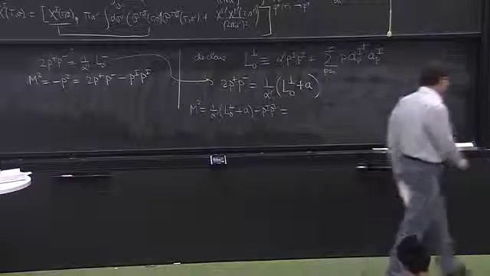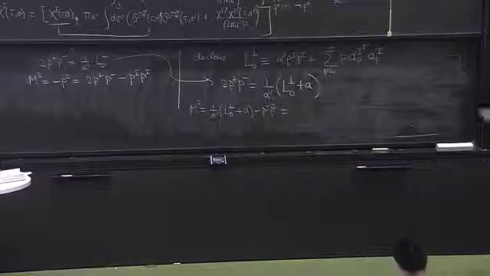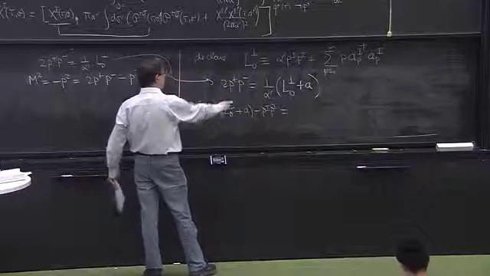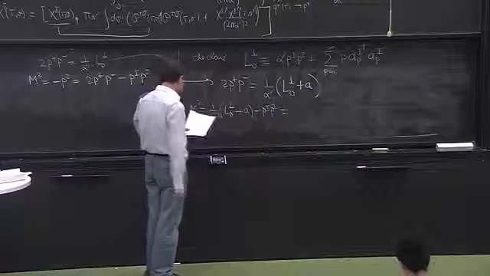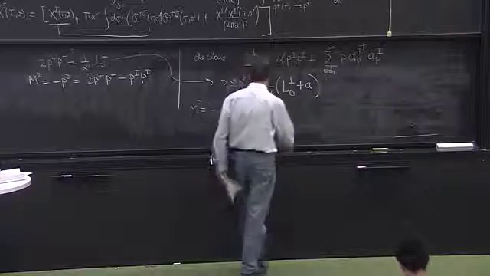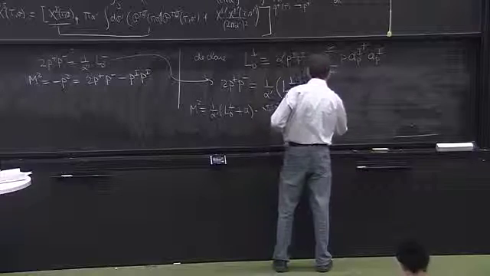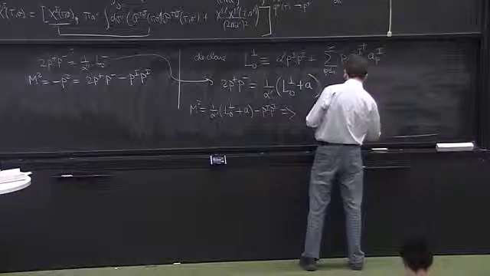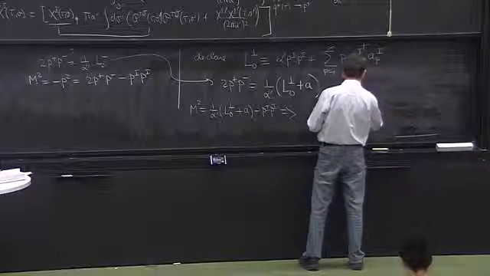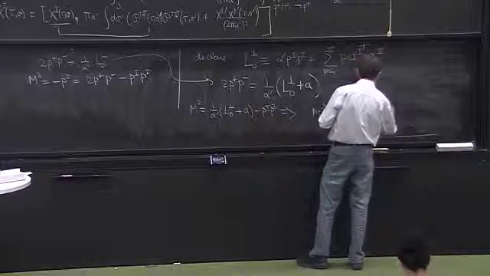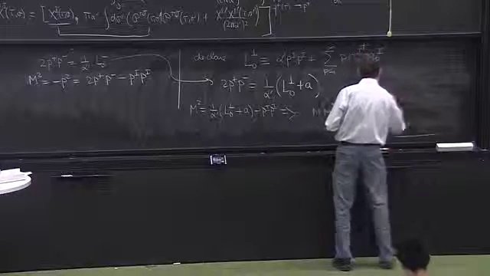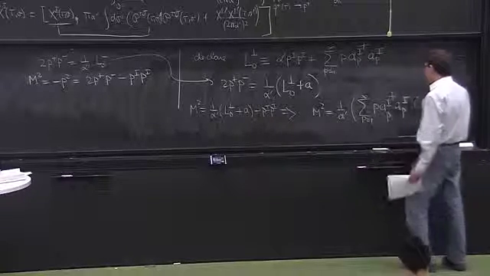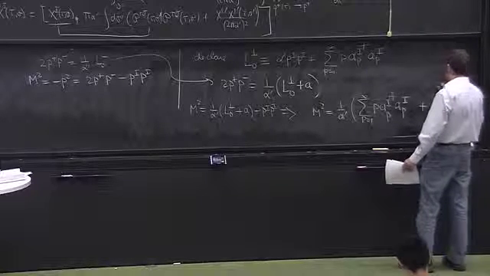And L0 perp is here. The pi's will cancel. So at the end of the day, we get that the mass squared is a very simple formula: 1 over alpha prime, sum from p equals 1 to infinity of p a p I dagger a p I, plus that constant a.